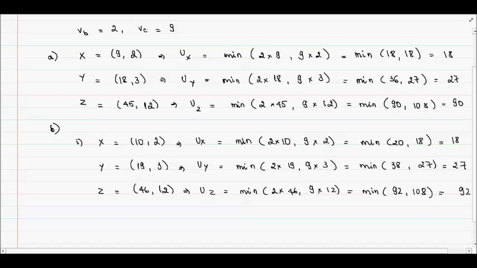However, for bundle Z, we have an increase in the utility by 2 units after the increase of 1 unit of bread. So the utility of X and Y remains the same, and the utility of Z increases by 2.